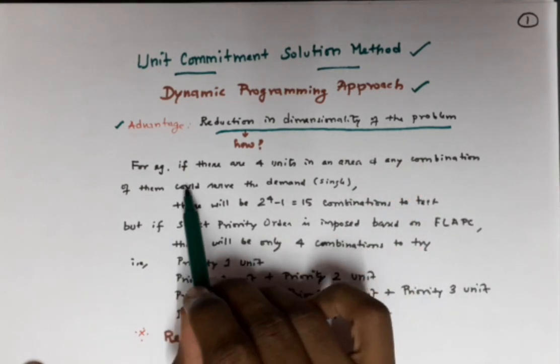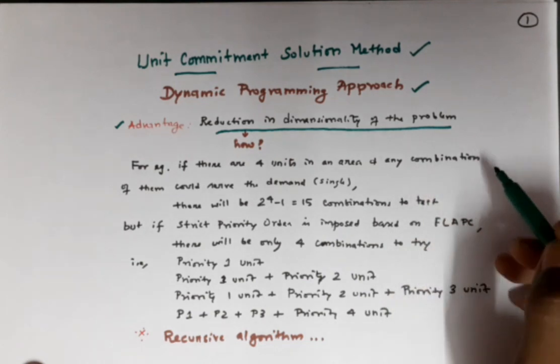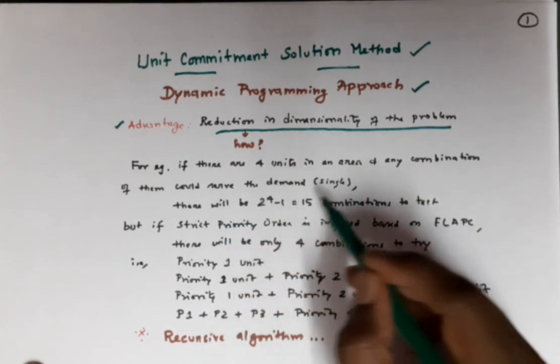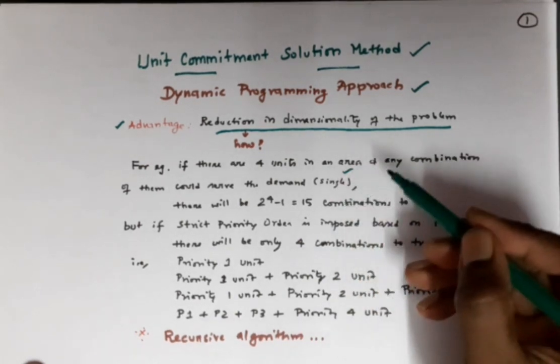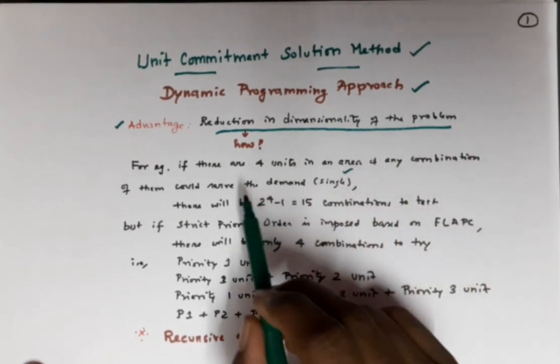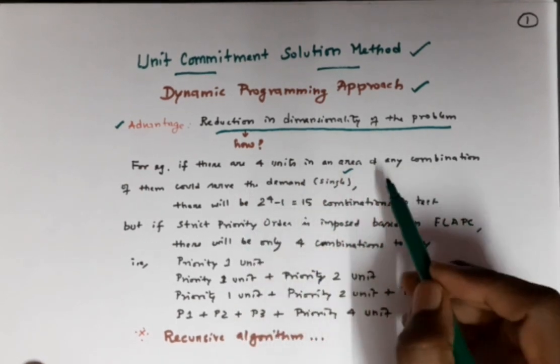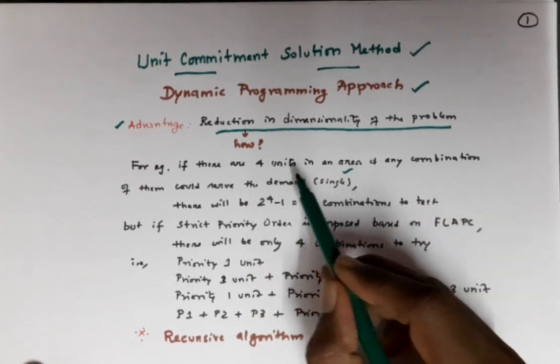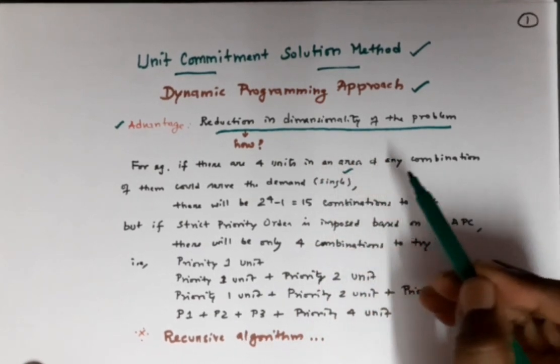For example, suppose there are 4 units in an area and any combination of them could serve the demand. Why am I mentioning it as single? It means for a given hour. Any combination means either 1 unit alone, or 1 and 2, or 1, 2 and 3, or 1, 3 and 4.